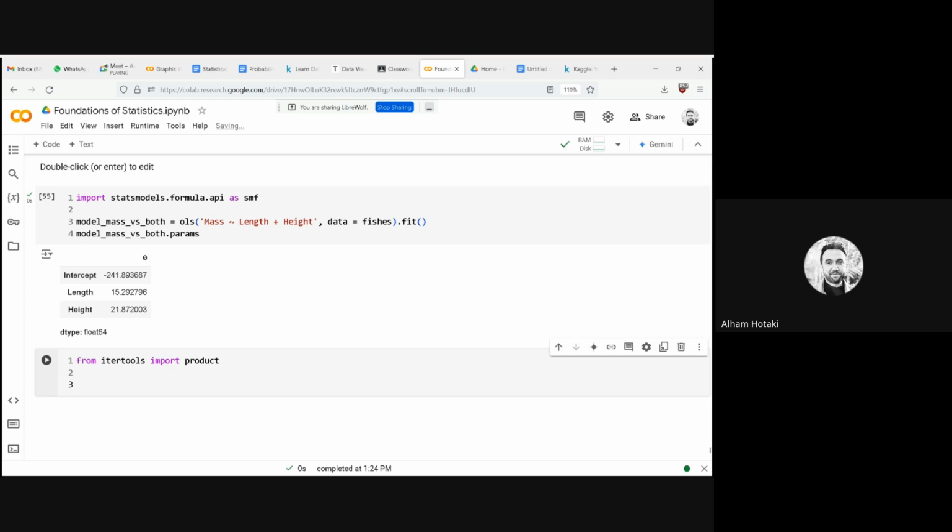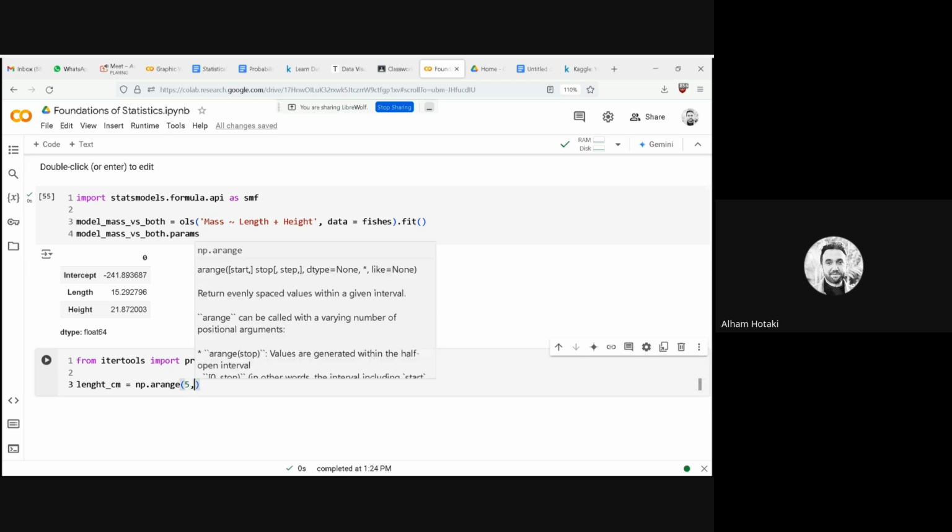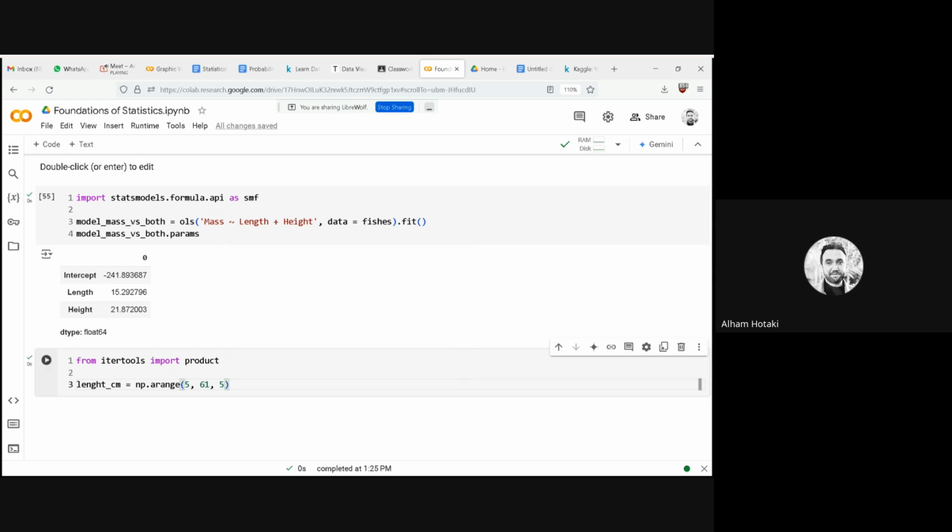We will have length in centimeters, and we should generate something here. Let's assume we generate an array of, for example, 5 to 60, which we should define as 61.